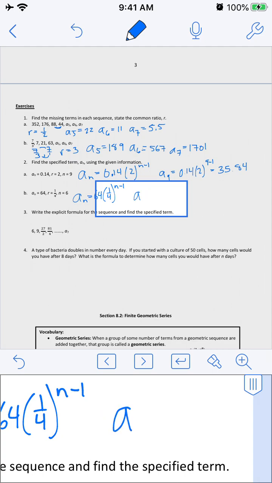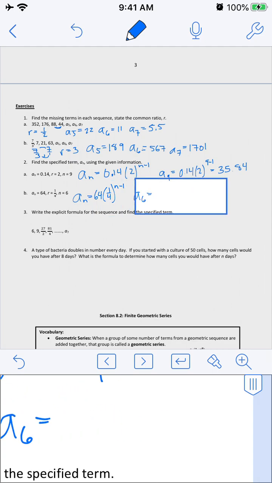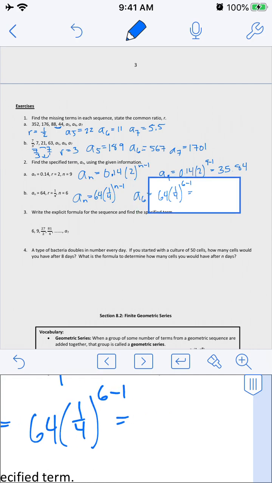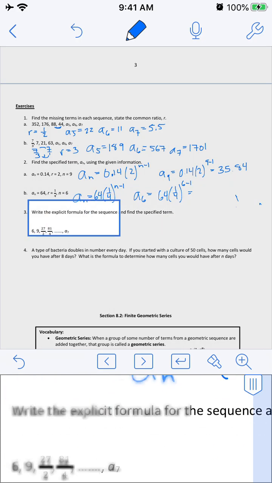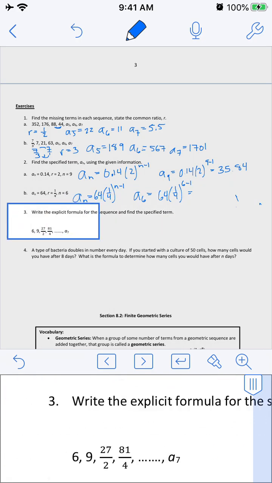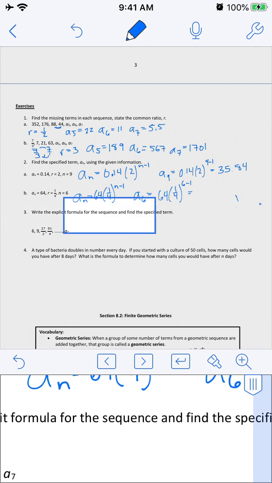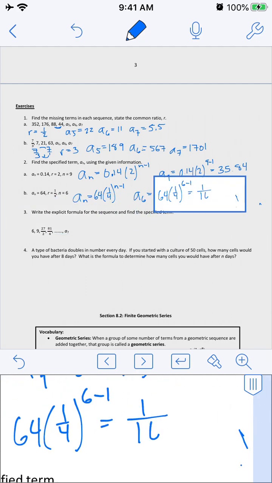Now we need to plug in the sixth term. 64 times 1 over 4 to the 6 minus 1, or 64 times 1 over 4 to the 5th. 64 times 0.25 to the 5th would be 0.0625. Change that to a fraction. We get 1 over 16. 1 over 16 would be our term.